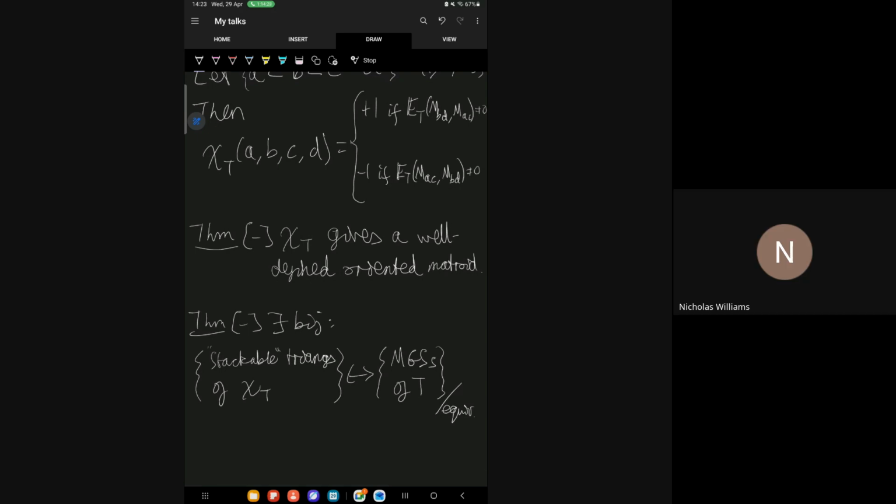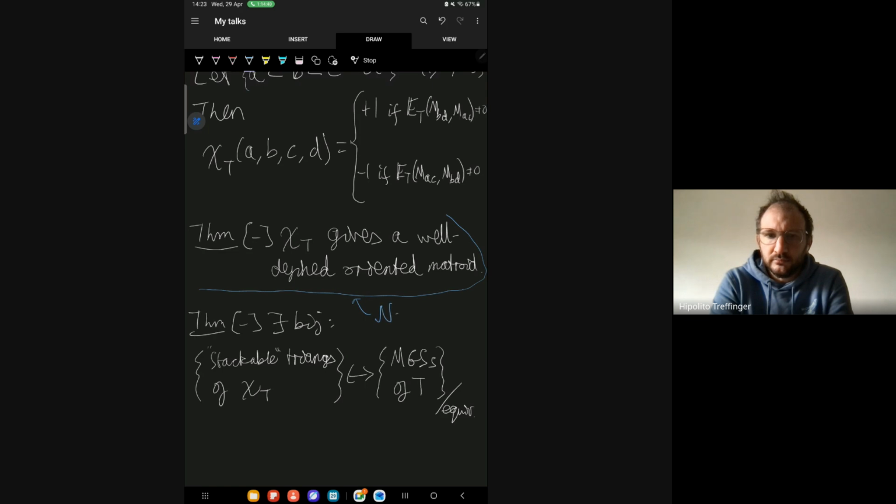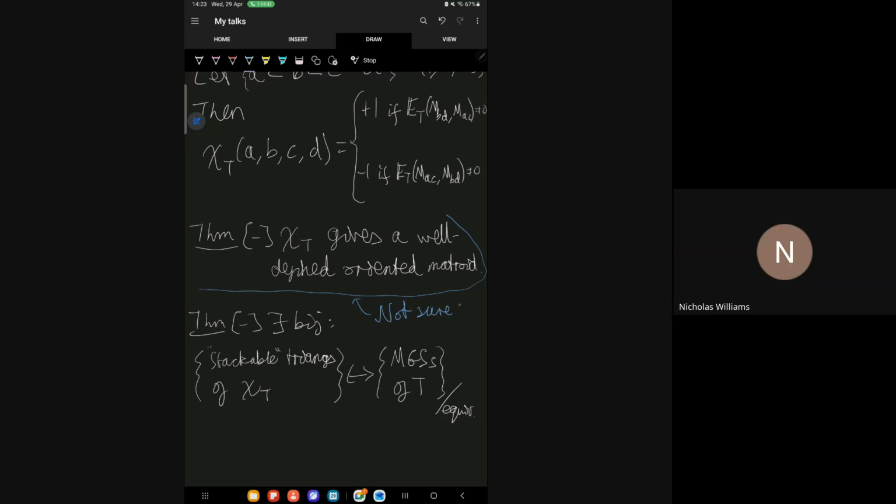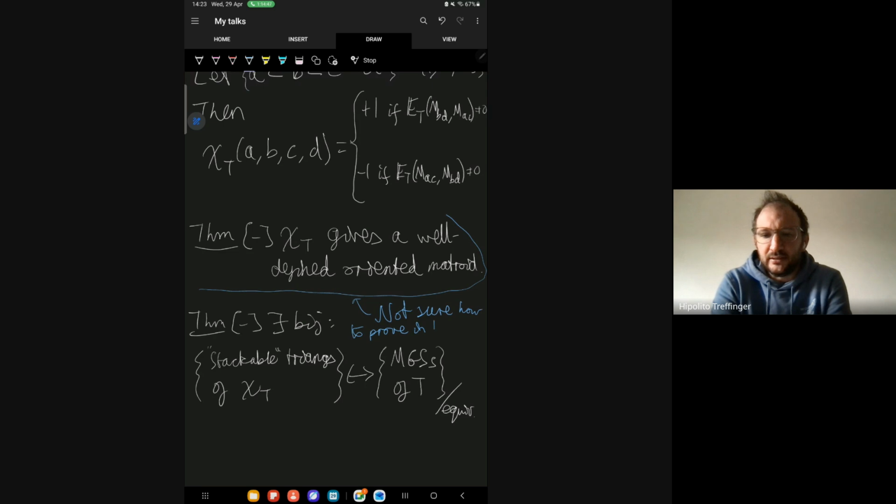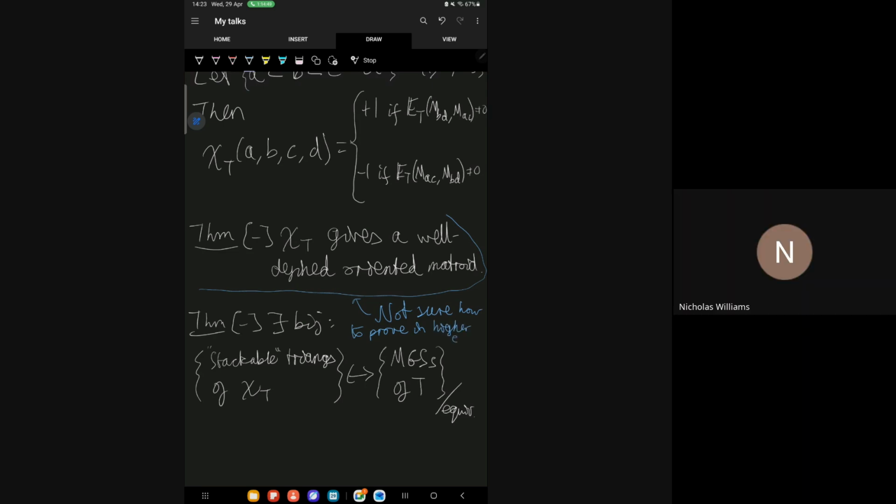The problem is that I'm not sure how to prove this theorem in the higher case, how to find the correct matroid that you want to triangulate. I know how to define the matroid in the higher case, so the definition extends, but the proof doesn't.